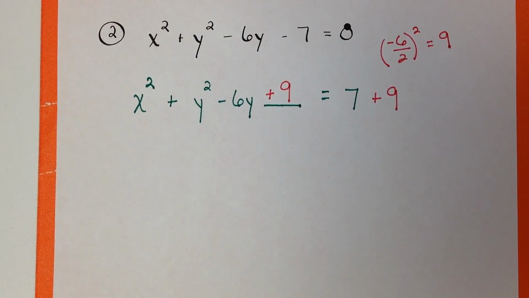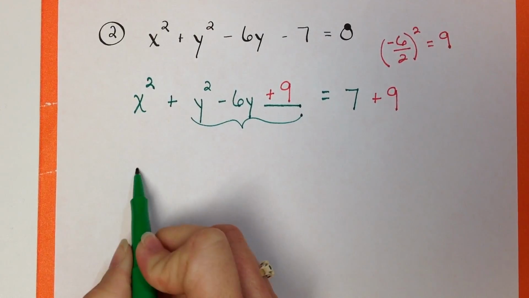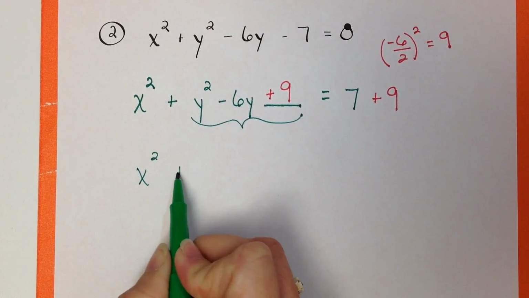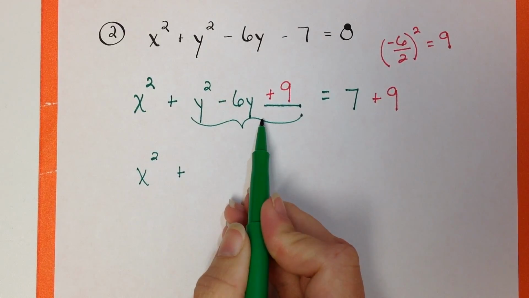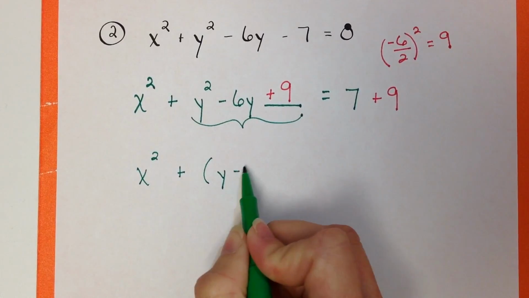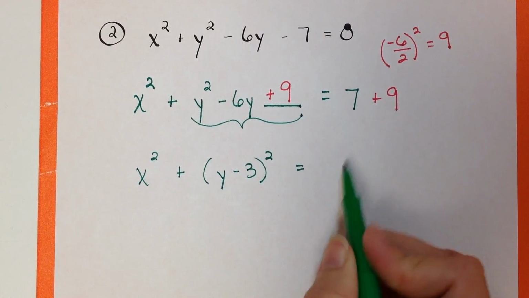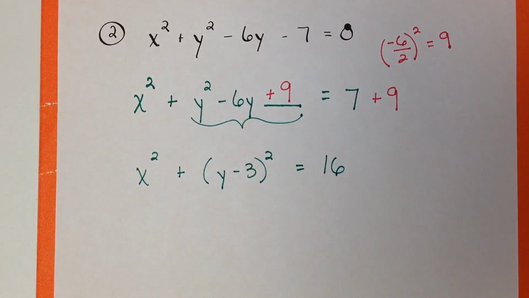Okay, next step. This is where you take this part of it and factor. If you were to factor this, it would be y minus 3 times y minus 3. Therefore, we'll have y minus 3 squared. Of course, add your 7 and 9, so you get 16. So you've got it in standard form.